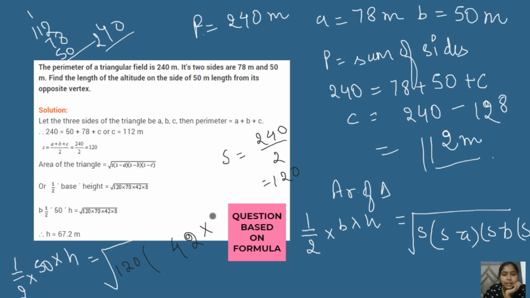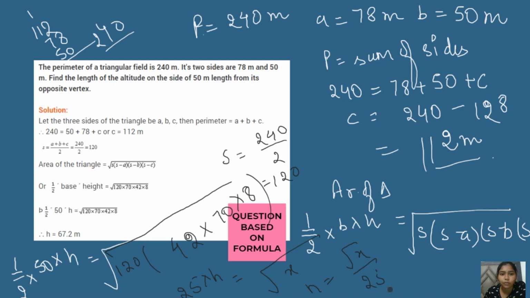Then we subtract this 112 from 120 and we'll get 8. This is in the whole root, right? Now 25 into h will be equal to root over this so and so value. You just have to calculate this value, let it be x.